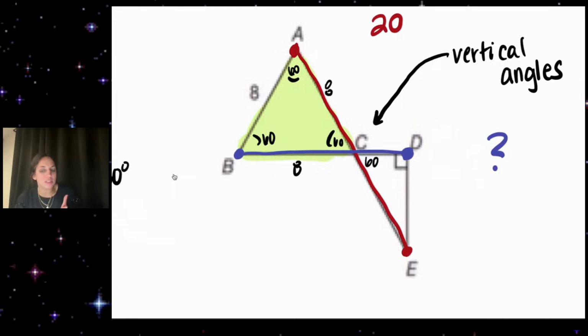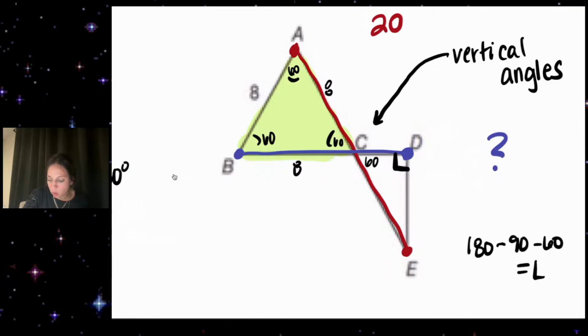Well, if all triangles equal 180, and I know that this one right here is 90 and this one is 60, I can just do 180 minus 90 minus 60 to equal angle E. So 180 minus 90 minus 60, that means that E is 30.